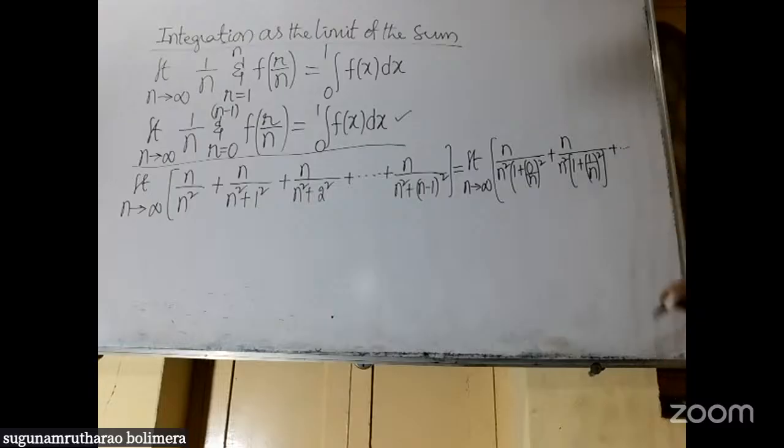The last one will be n by n squared into 1 plus n minus 1 by n whole squared.